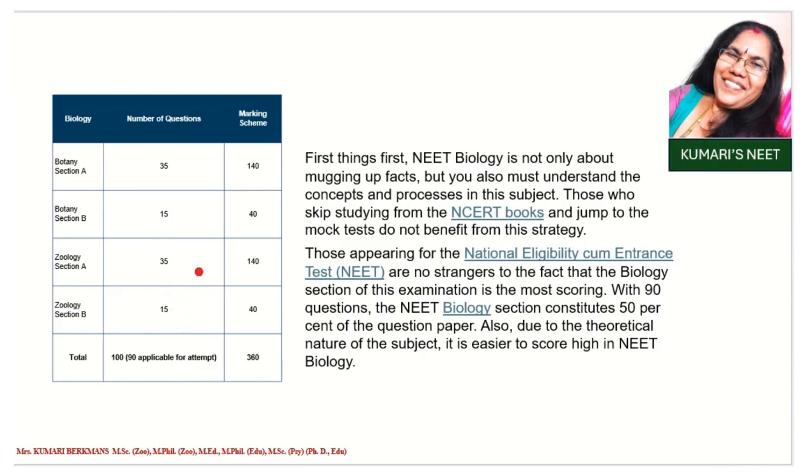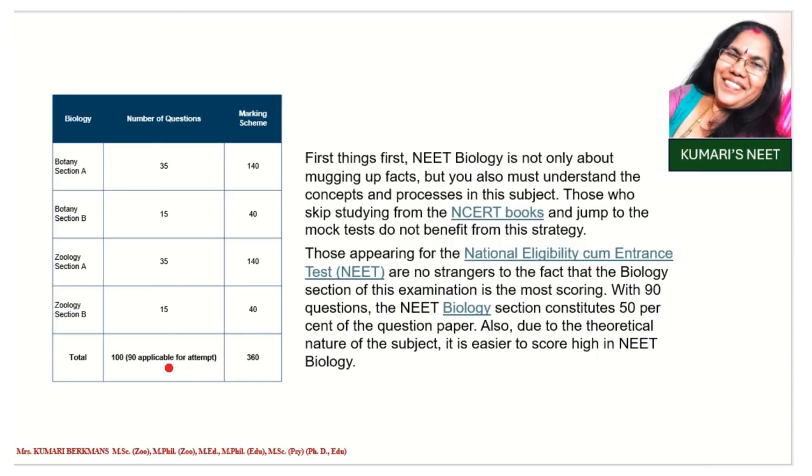In zoology also, section A has 35 questions and section B only 15. The marks allocated are 140 for 35 questions and 40 marks for 15 questions. So the total is 360 marks. How many questions do you have to attempt? Only 90 questions are applicable for attempt. 100 questions will be asked, but you have a choice of 10, so you only have to answer 90.